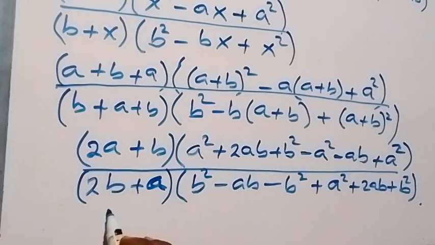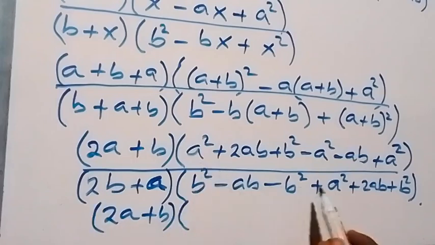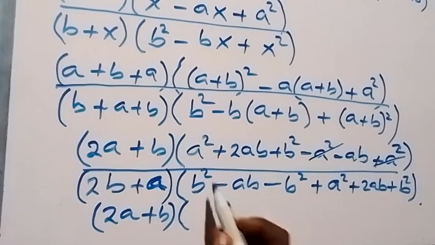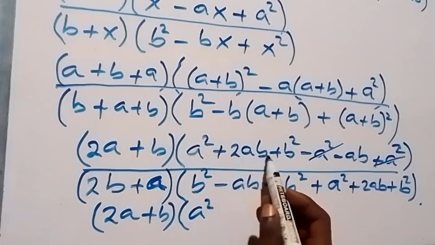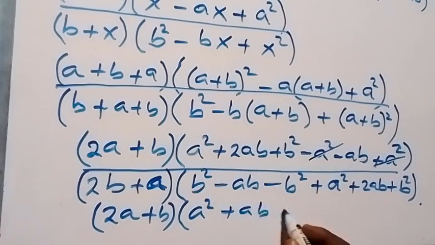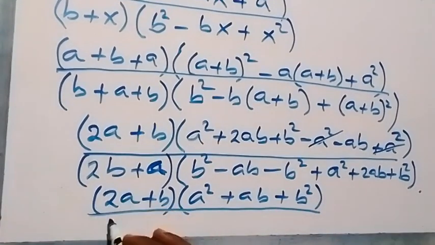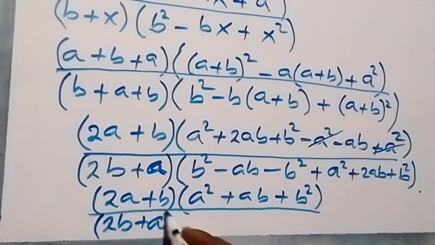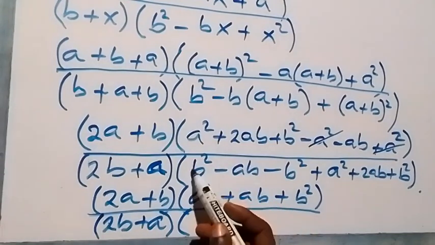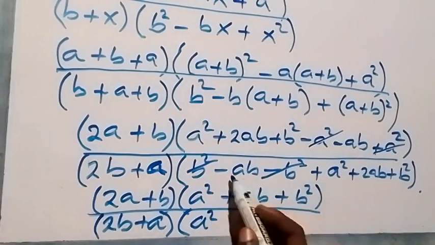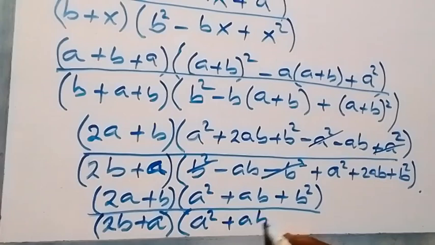Then when we reduce this, we have 2A plus B there, then into bracket minus A square plus A square cancel out, then we have A square, then 2AB minus AB, that's plus AB, then plus B square, then close bracket, which is divided by, in the denominator we have 2B plus A, then into bracket B square minus B square cancel out, then we have A square, then minus AB plus 2AB, that's still plus AB, then left with B square, that's plus B square.